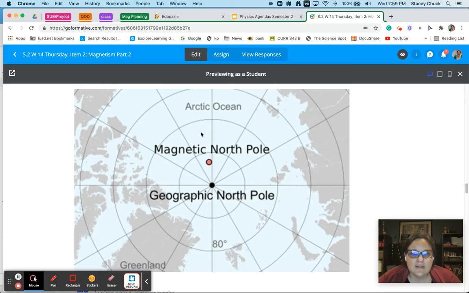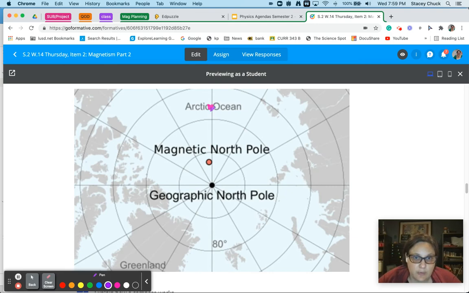And so this is how I'm going to explain magnetic declination. Let's say we're right here where this pink circle is, and we use our compass. We're going to point our compass and see where it lands. Now, our compass is going to point to the magnetic pole.